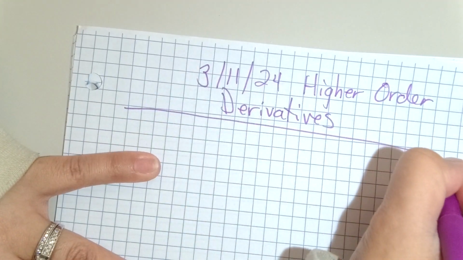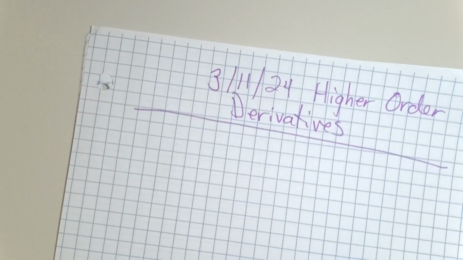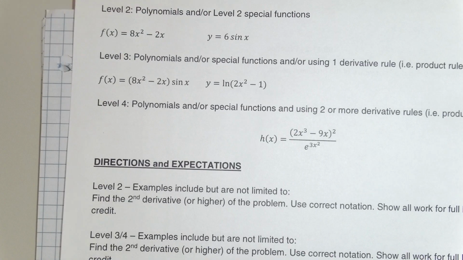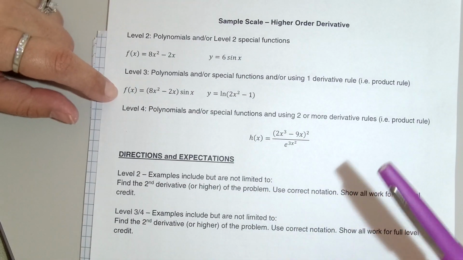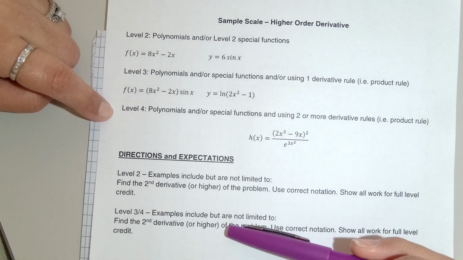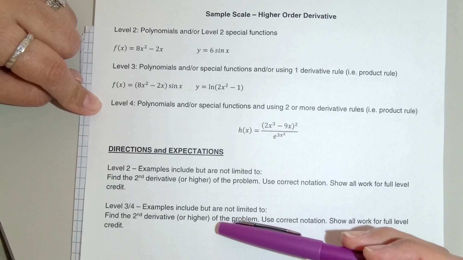I passed out your example sheet for today. You will see on the bottom of your example sheet, you will have the scale. So level 2, level 3, level 4, and then the directions and expectations for all three of those levels.